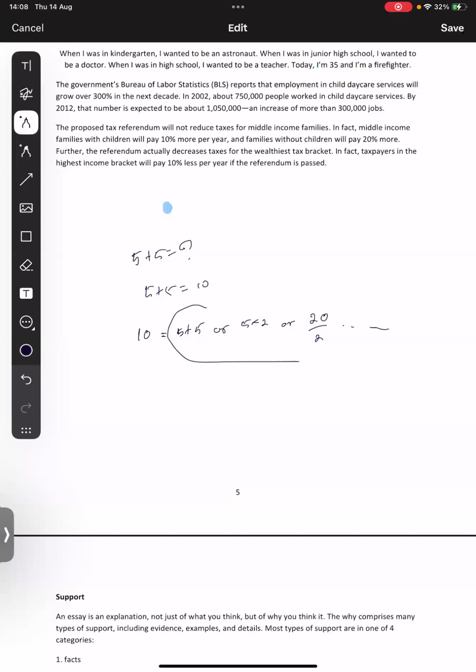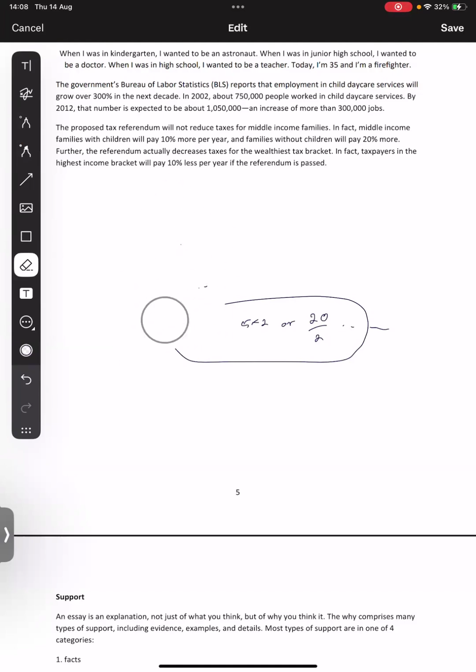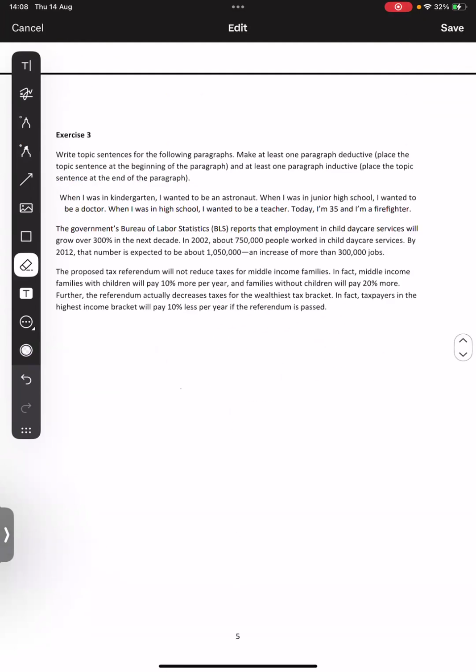So these are the possible questions that will lead to the result of 10. So we're being asked to do something similar to this. We have the answer, but we need to go back and think of what could be the question.